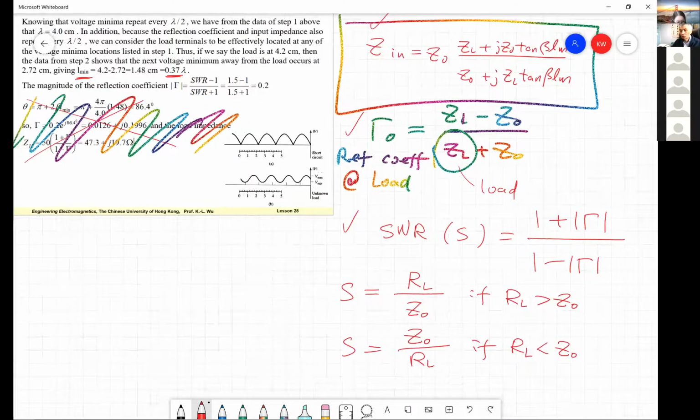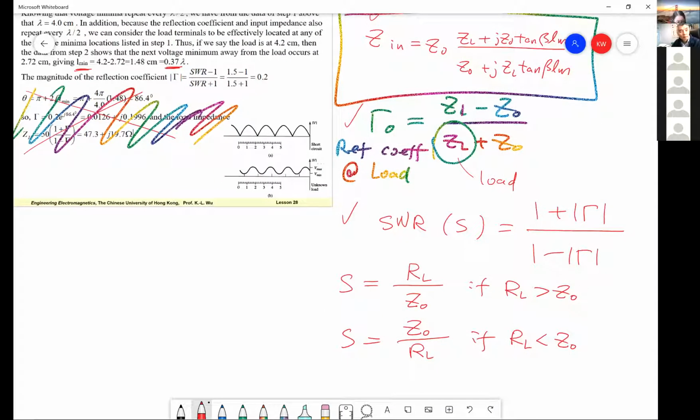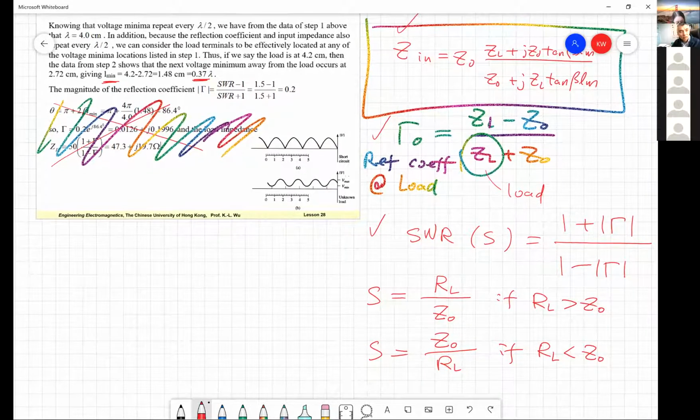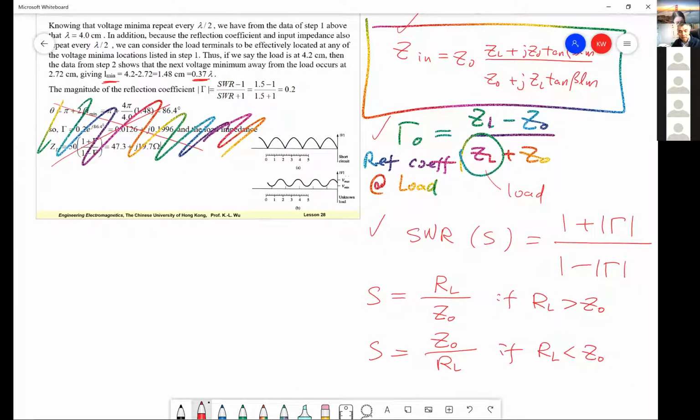If you flip it, the impedance repeats every half wavelength. And the quarter wavelength is also very important.